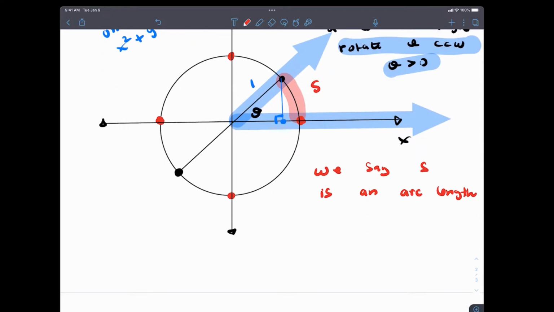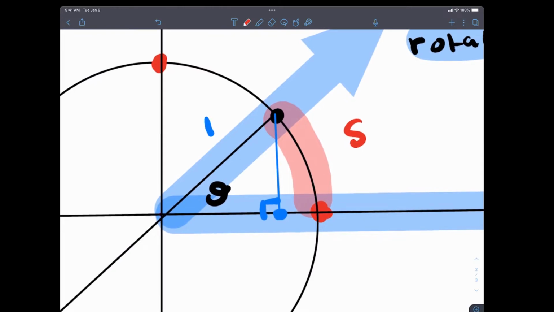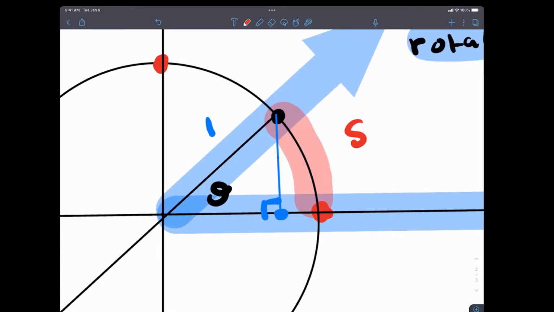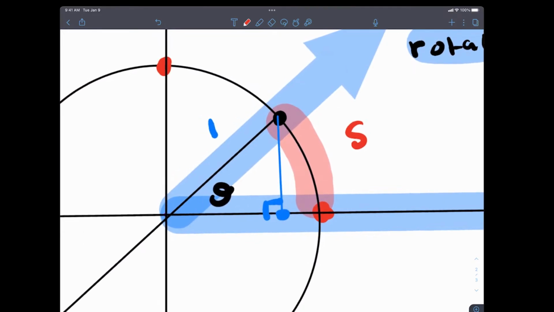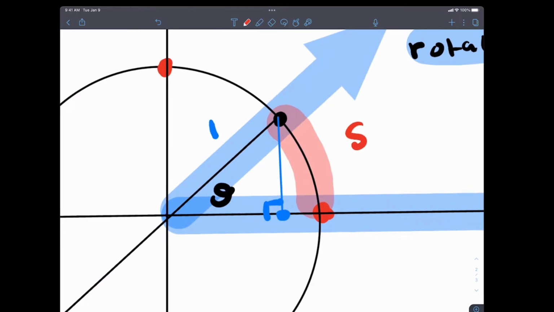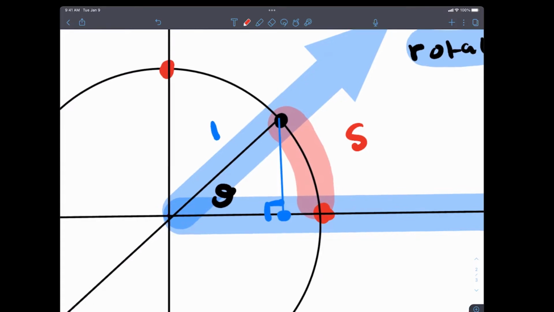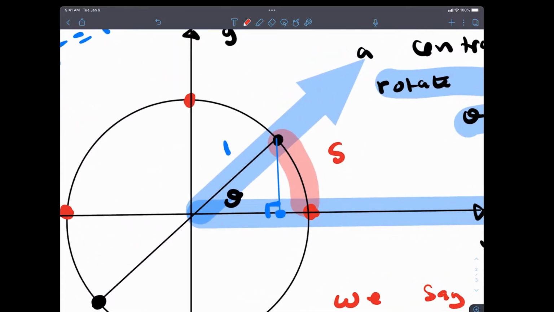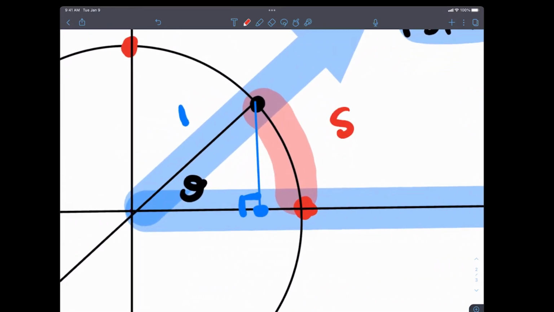Why do they use the word arc? Because what are you supposed to be looking at here? That's an arc. It's not a line, is it? It's an arc, but it measures what we call arc length. So believe it or not, if you walk along that arc, you're walking a distance.